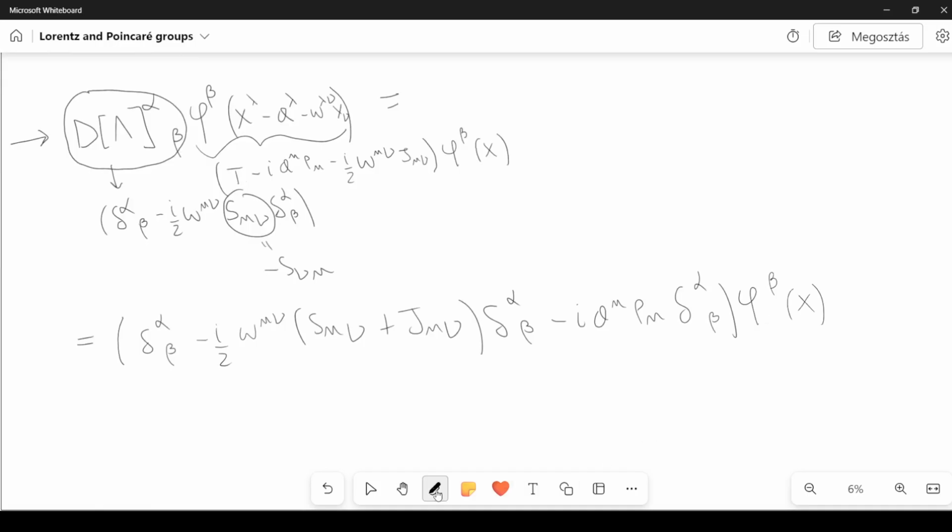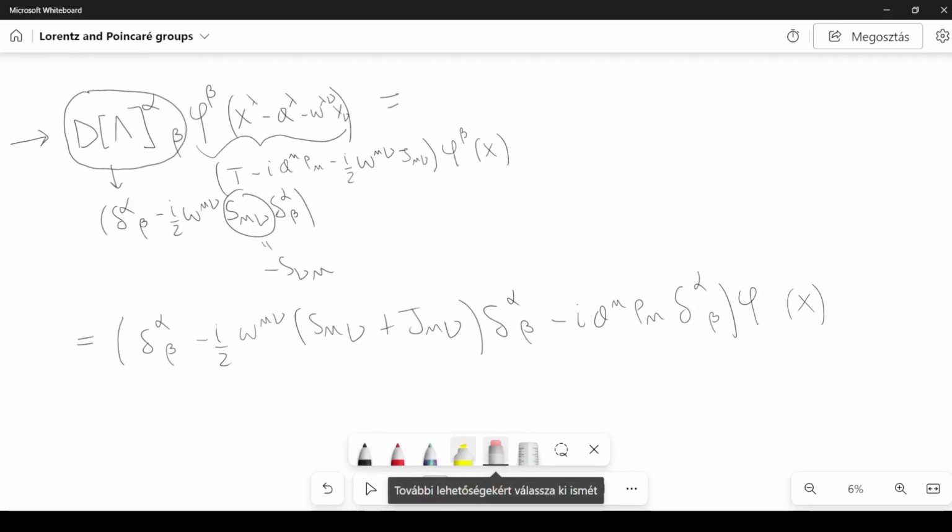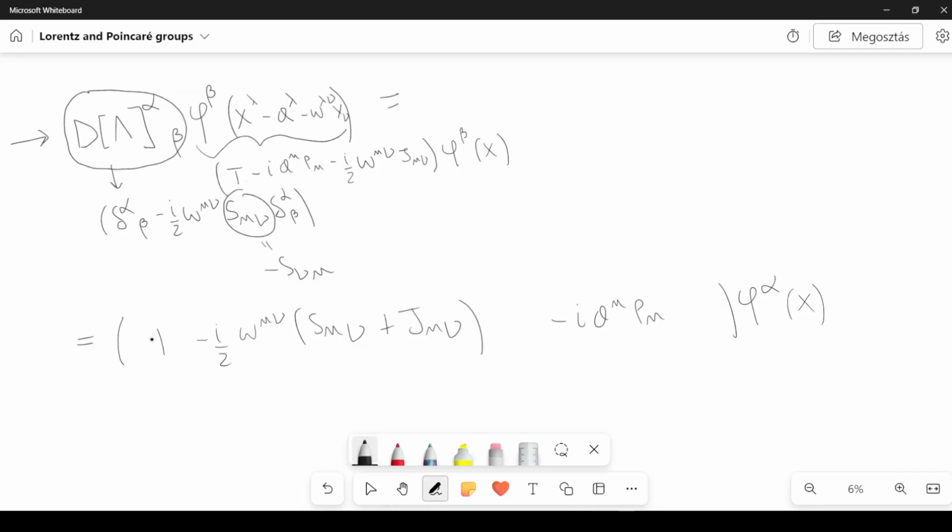And if you want, you can simply change this beta with alpha here, and you can cancel this delta alpha beta to simplify the expression, and in place of delta alpha beta here, you can simply put an identity operator. And this is what you get. You can see that we have a generalization with respect to what we found earlier, where we have replaced J mu nu by this summation. This summation represents the total angular momentum, where we have the orbital part of the angular momentum and the intrinsic part of the angular momentum.